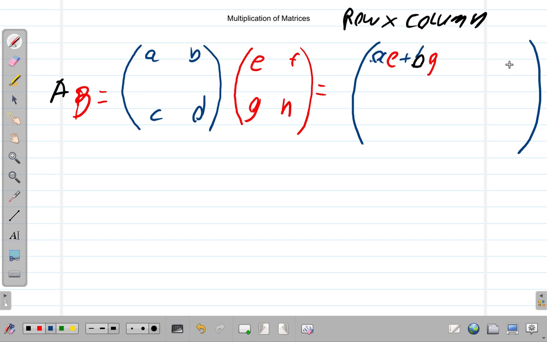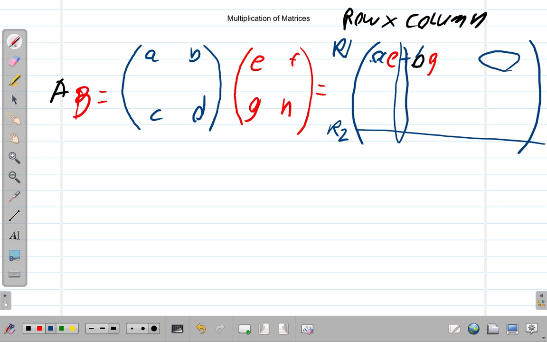Now you want the element that will come here. And it is in row 1, column 2. Right? Remember, this here is row 1. Everything across here. This is row 2. Everything across here is in row 2. This is column 1.